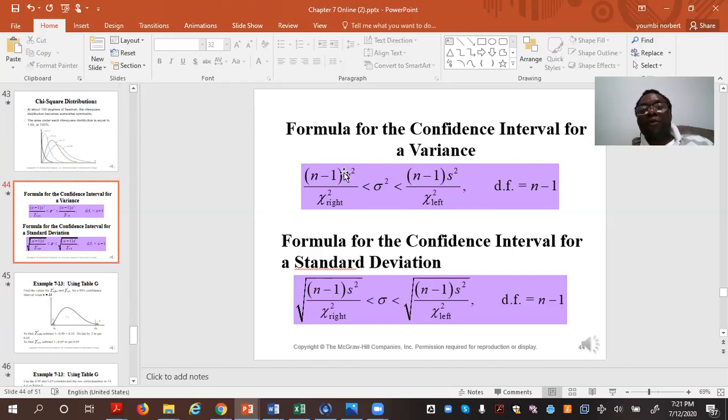You take the sample variance, or the square of the standard deviation, times the degree of freedom, divided by chi-square right, and then divided by chi-square left. What is important to know here is how to find chi-square right and chi-square left. And you will have those questions on the quiz. Let's look at an example of how to find chi-square right and chi-square left.